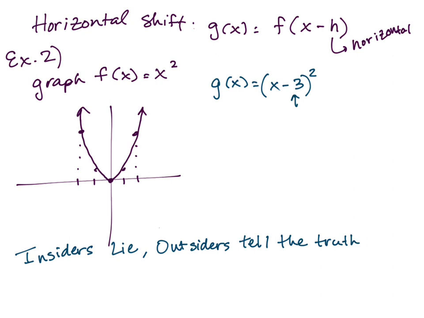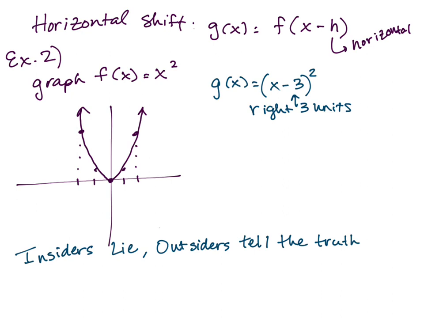If it says x minus 3, you feel like if this is a horizontal shift, it should shift to the left. In actuality, it shifts to the right because insiders lie. Okay, so this is going to be a shift right 3 units. Because of its location, it's located inside with the x variable.